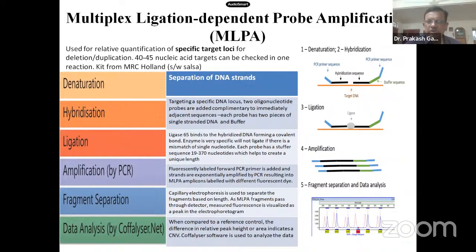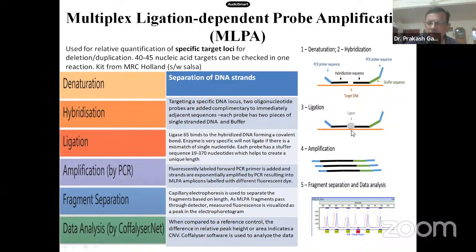So we don't go for Sanger sequencing, because it's a very long gene. We go for deletion duplication studies by MLPA. These custom-made probes specifically bind to the exons, depending on the sequence of those exons. These probes first bind, and then the ligase is provided.